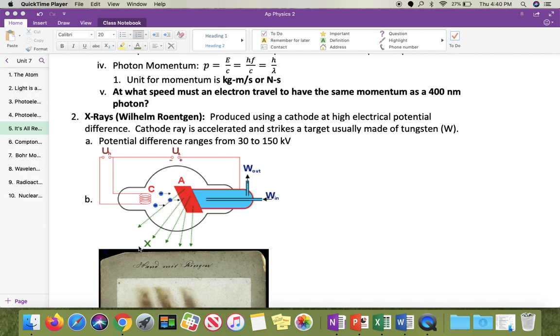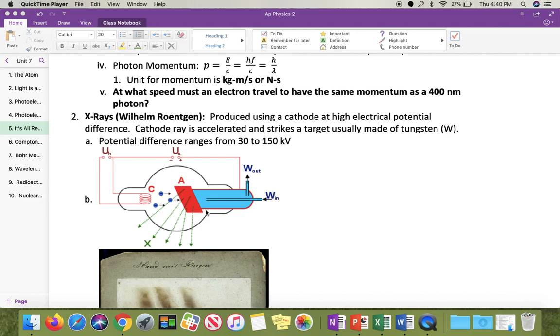We had the incident electromagnetic radiation, and that was used to eject the electrons, and now we're using the electrons to eject the electromagnetic radiation. So it's just a backwards form of this. The electrons collide, and then it ejects the photons in the X-ray region of the spectrum. So pretty high energy waves.